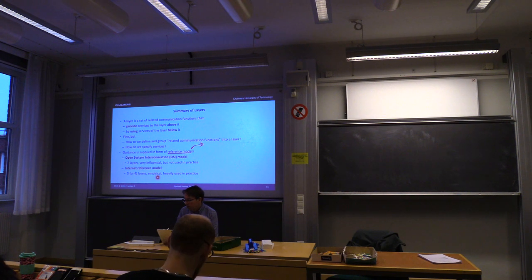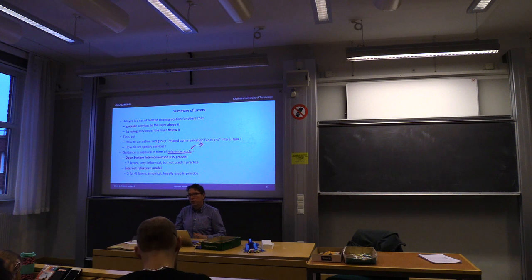So it's an empirical model in the sense that it was designed before the OSI model and before one started to think very strictly about protocols, layers, services, and so forth. So it basically evolved through a research project and then over the years became the dominant model that's used on the internet today. And it's heavily used in practice. Okay.